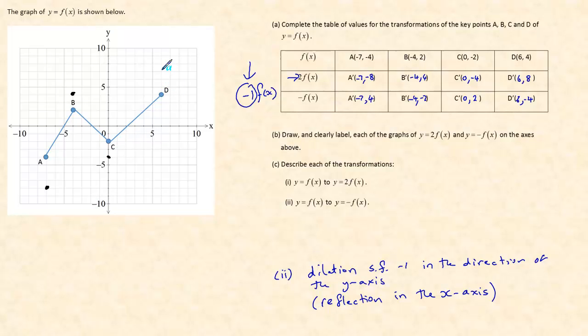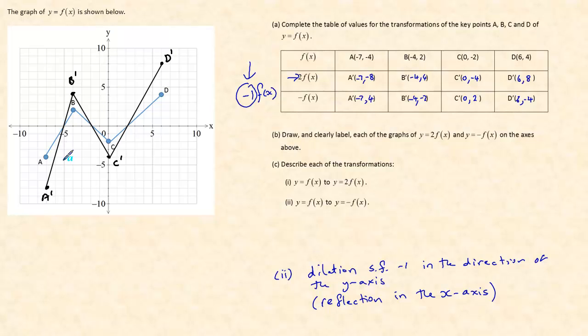And then 6, 8. So if we join those up, so what do we notice? Well, first of all, let's label them. This is A dashed, B dashed, C dashed, and D dashed, which are the images of A, B, C, and D.